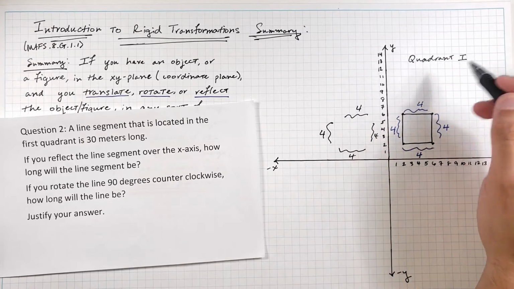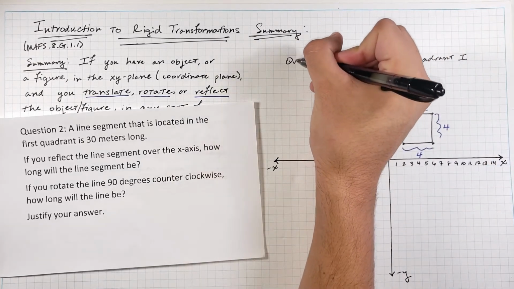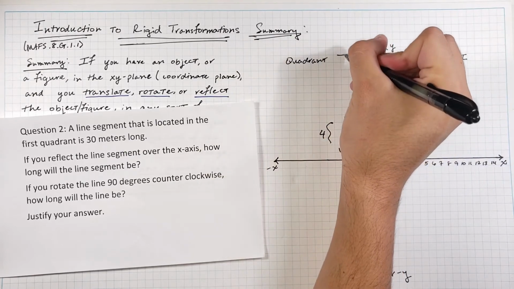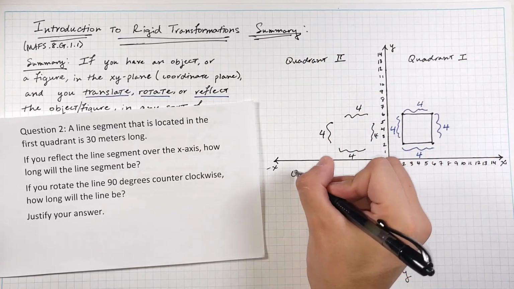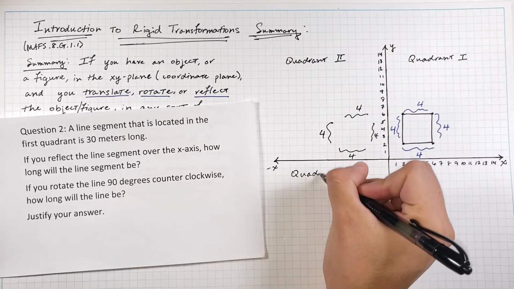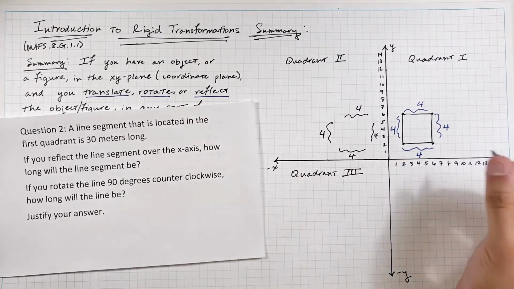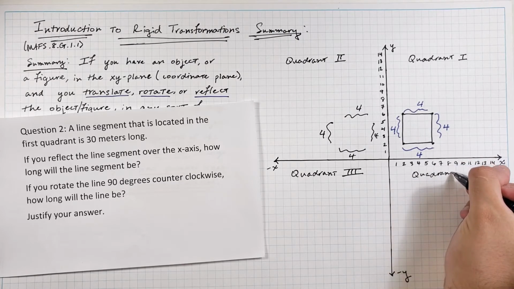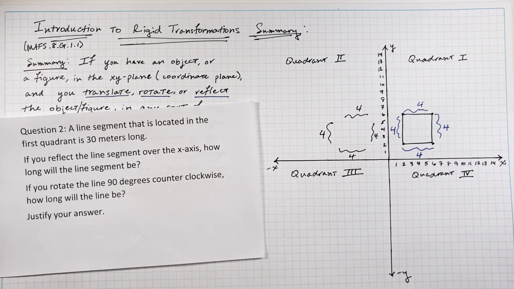This positive one is quadrant 1. This is going to be quadrant 2. This is going to be quadrant 3, and this last one is going to be quadrant 4. Okay, and what are we told?